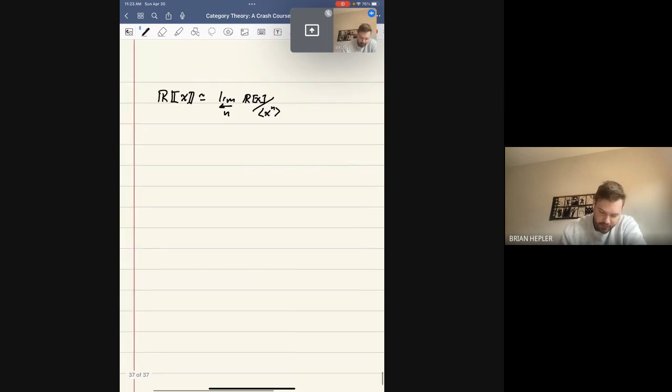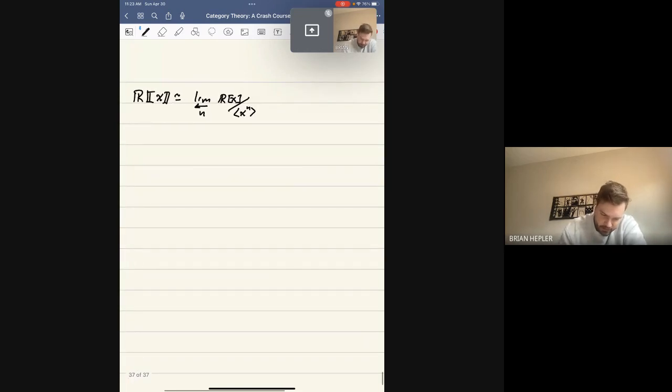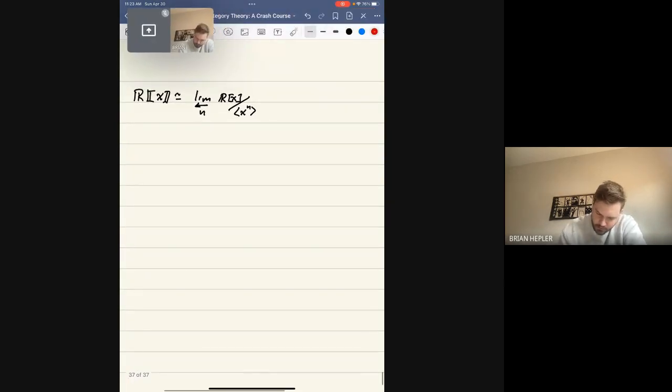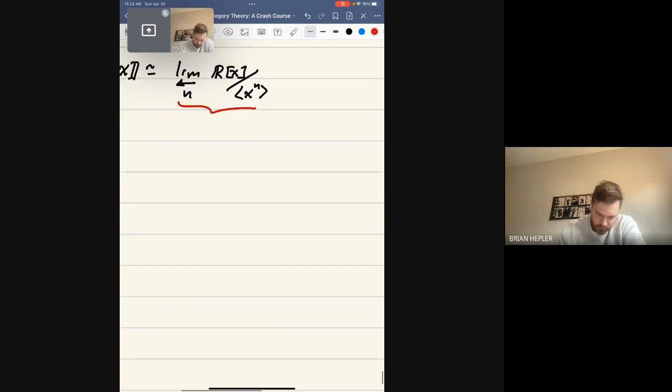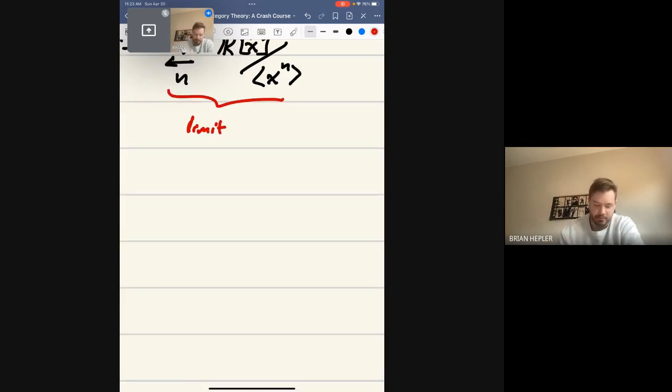So this is the problem we have here. This is a limit. It took a while for the notation to crystallize in the mathematical community, but for a while, limits were sometimes called projective limits, or inverse limits.